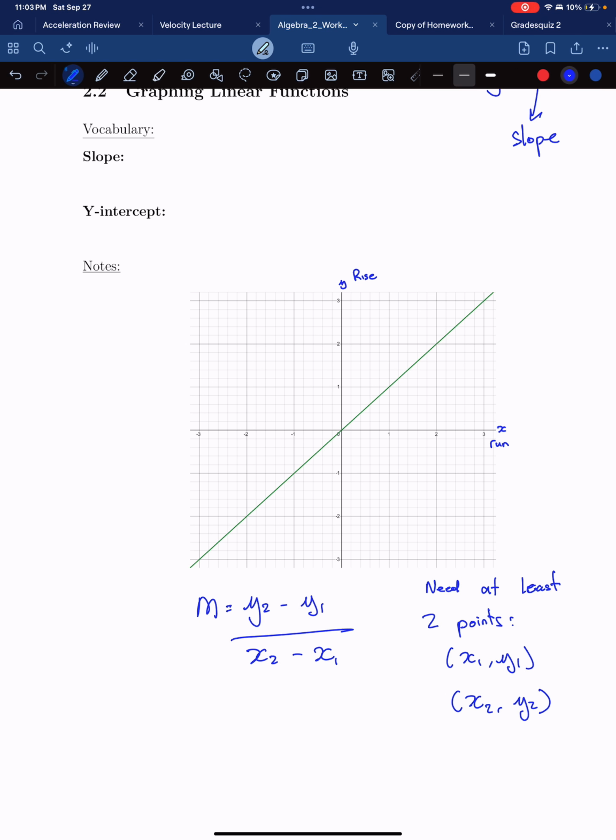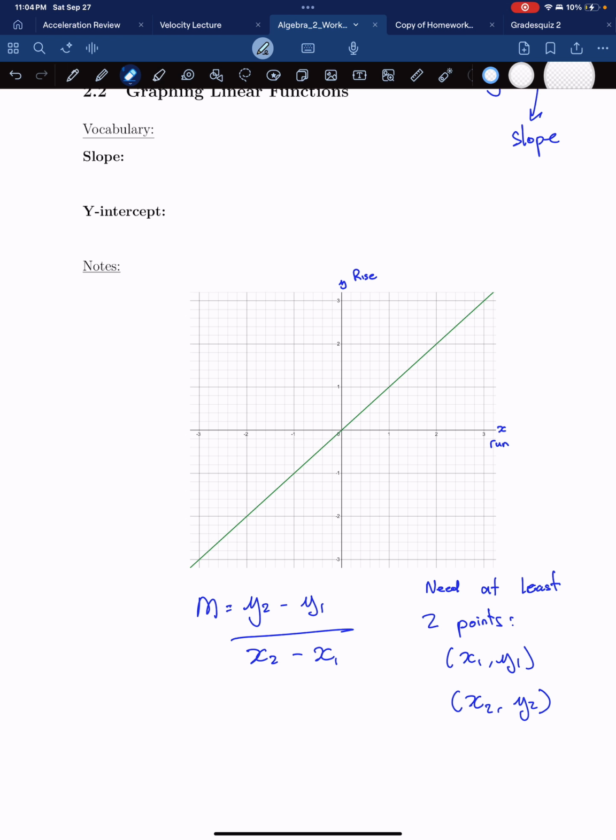Whether I pick these 2 points, or these two, or these two, the slope m will always be the same number. The slope, the rise over run, the rate of change of the line, will always be the same number because it's a line. Never forget that, guys.